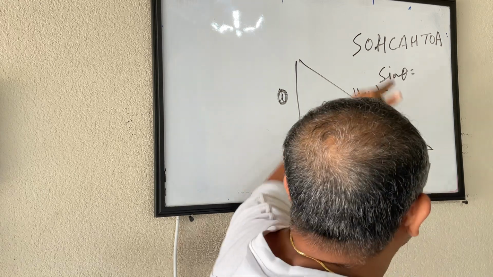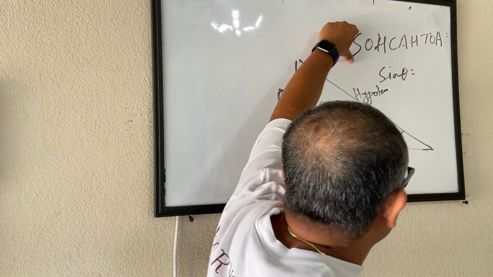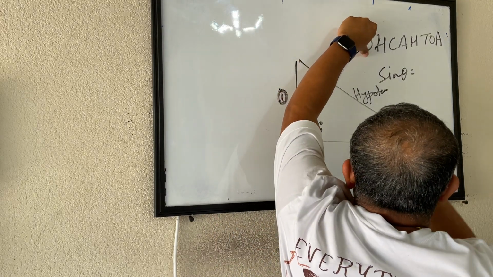Right? So sine of theta is the opposite side divided by hypotenuse.